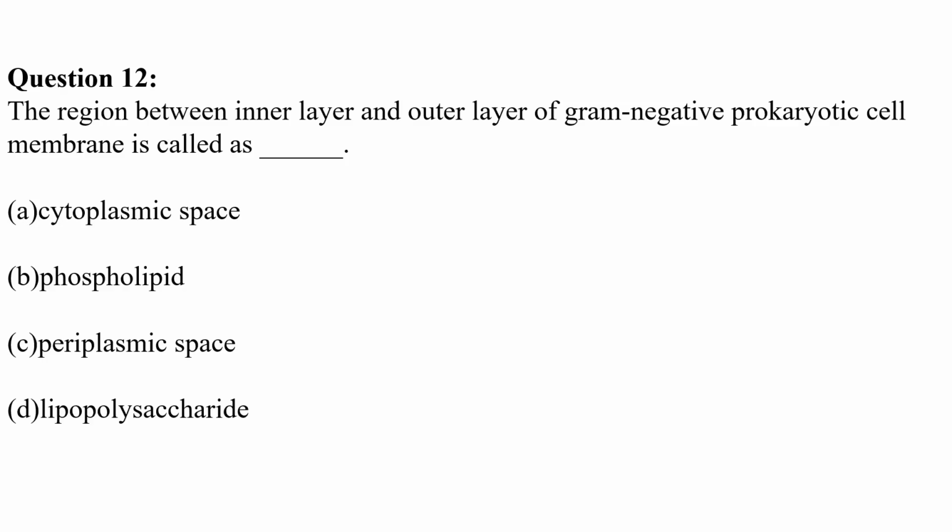Moving on to the next question, question number 12. The region between inner layer and outer layer of gram-negative prokaryotic cell membrane is called as option A cytoplasmic space, option B phospholipid, option C periplasmic space, and option D lipopolysaccharide.